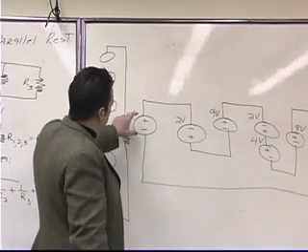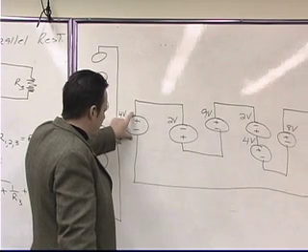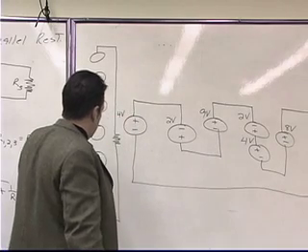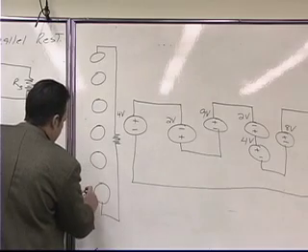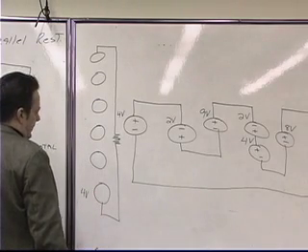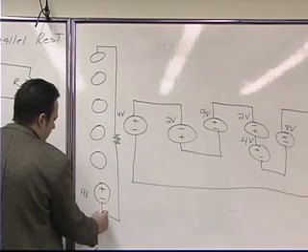So if I start out with this as my first battery, the one on the bottom, this is going to be my 4-volt battery, with a polarity that points positive on the top and negative on the bottom.